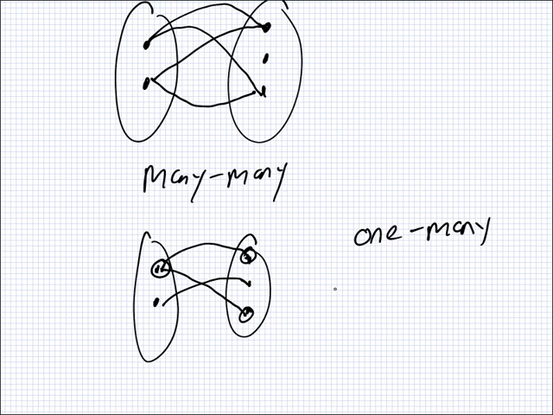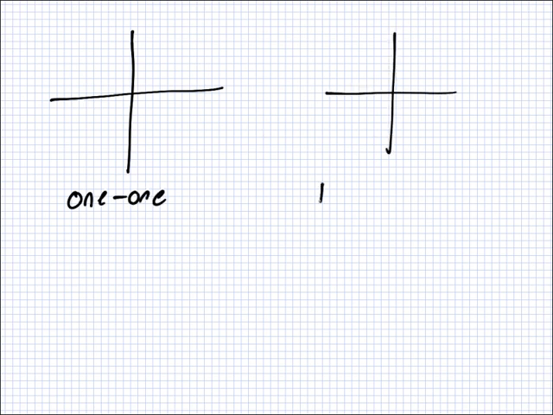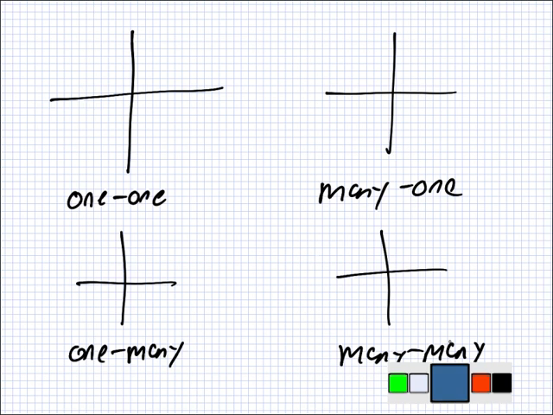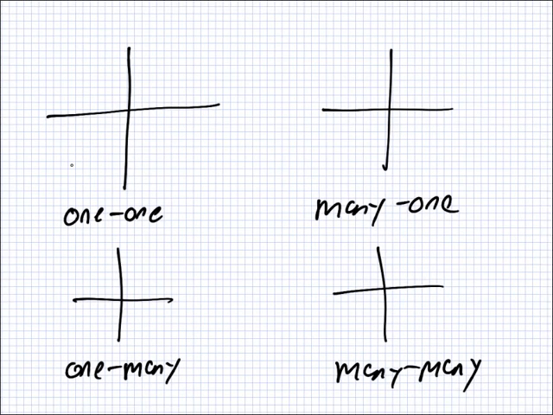Now, number 2 is a little bit harder because now we have functions. So here, I want to draw you some graphs. This one is if it's one-one, this one if it's many-one, one-many, and many-many. If it's one-one, this should happen.